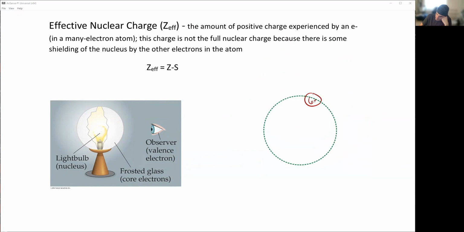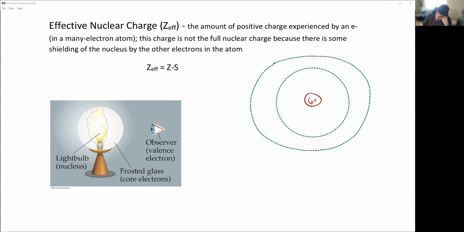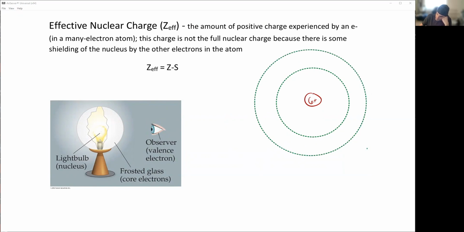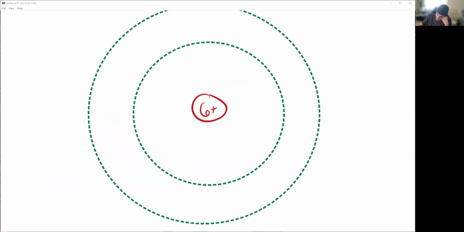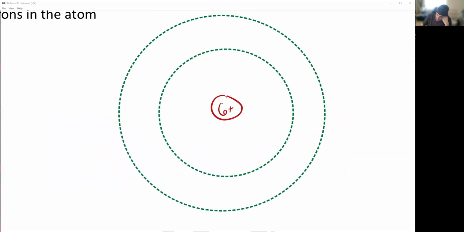I can make this a little bit smaller. Next one. All right. So there we go. If this is my Bohr atom, I have electrons: 1, 2, 3, 4, 5, 6.